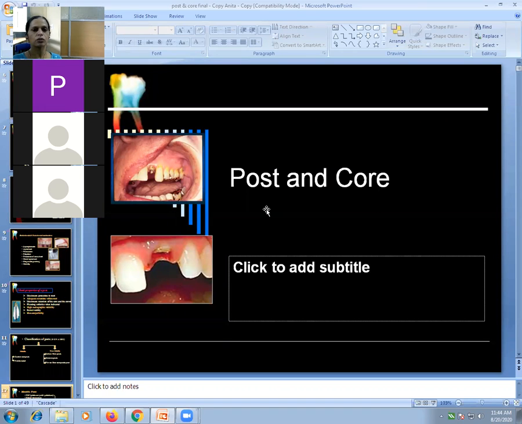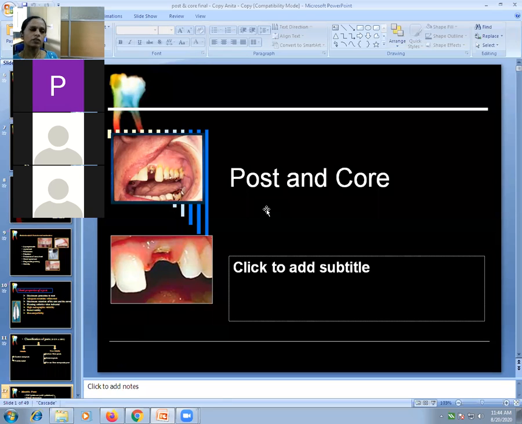On the other hand, conical posts are less retentive, but they cause less stress.